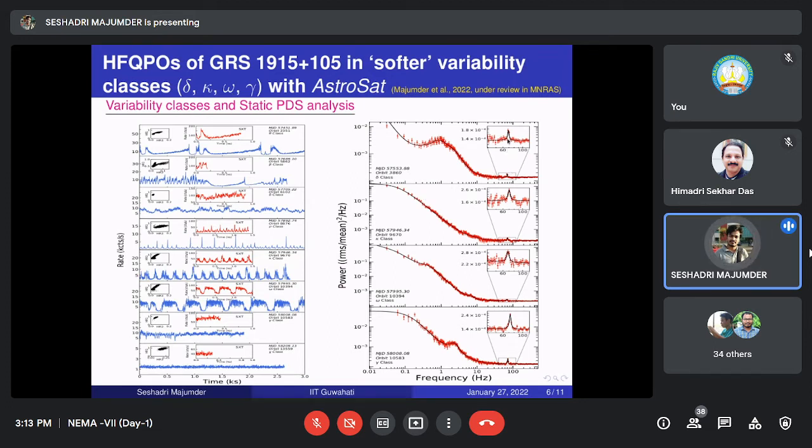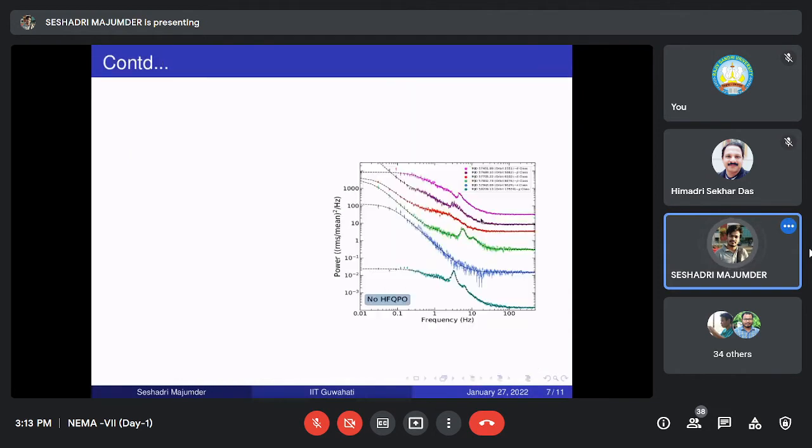So in our entire analysis, the QPO frequency varies from 68 hertz to 72 hertz. Also, we see a few observations in several classes in which we don't have a detection of high frequency QPOs. Rather, we have the feature of low frequency QPO with a second harmonic.